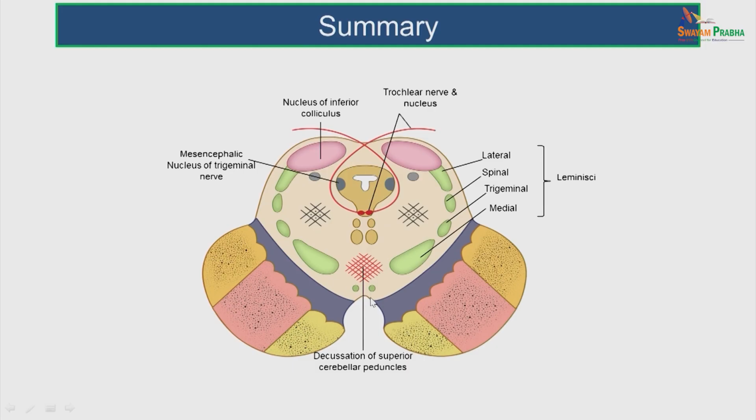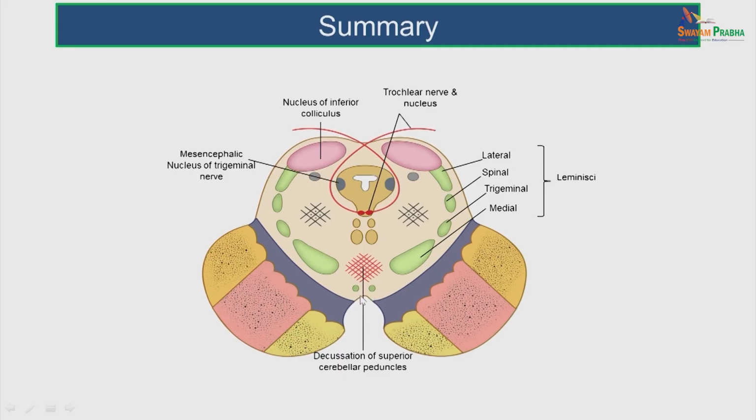Then at the level of the inferior colliculus we can appreciate, dorsal to the substantia nigra, the medial, trigeminal, spinal and lateral lemniscus. In the periaqueductal grey matter we can appreciate the nucleus of the trochlear nerve and the mesencephalic nucleus, and in the ventral aspect of the median region the decussation of the superior cerebellar peduncles.